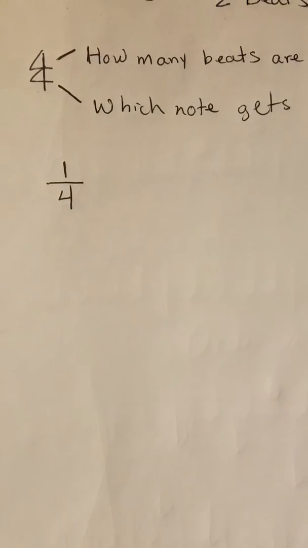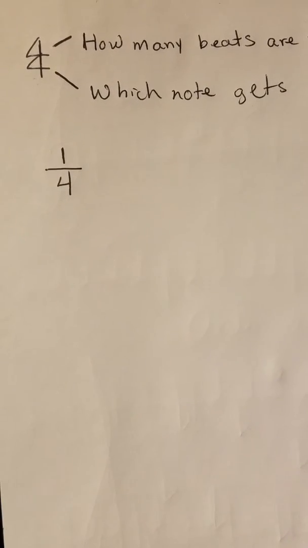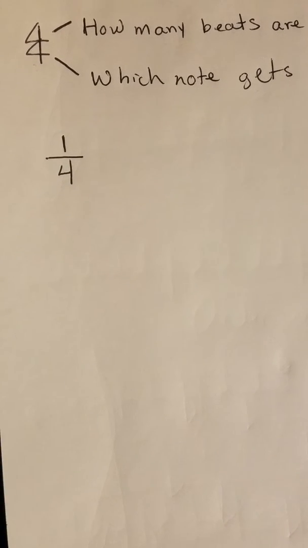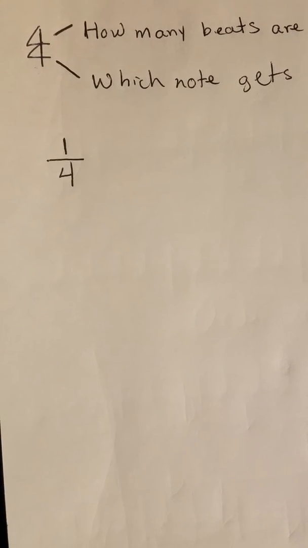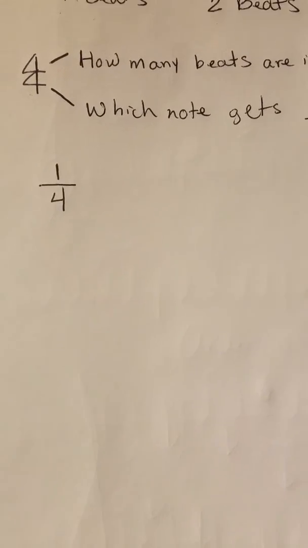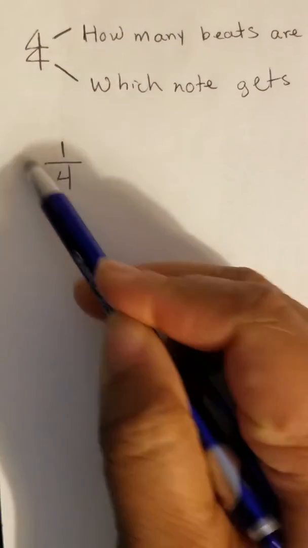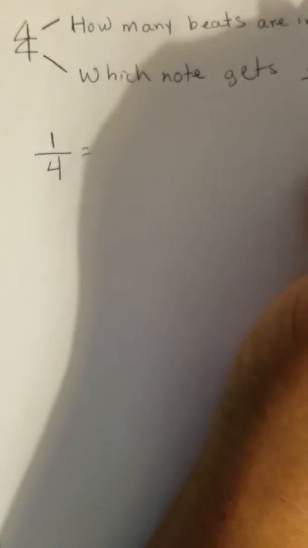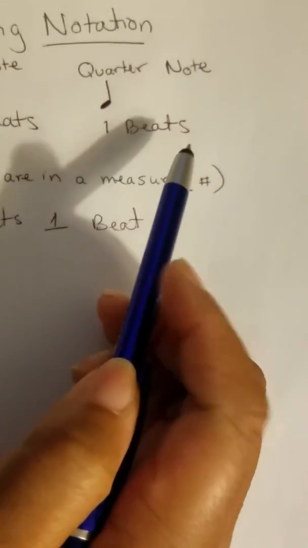So the question is, how do we get a decimal or a percentage from a fraction? In order to get a decimal, we take the denominator and divide it into the numerator. This is how we determine which note gets 1 beat.